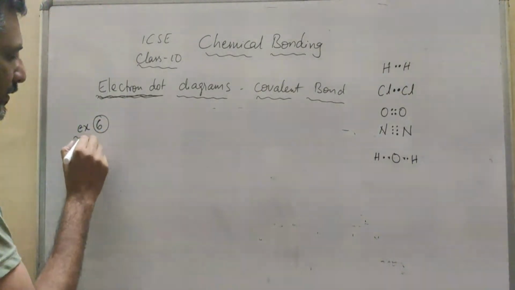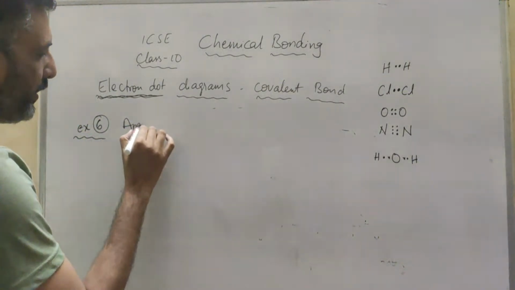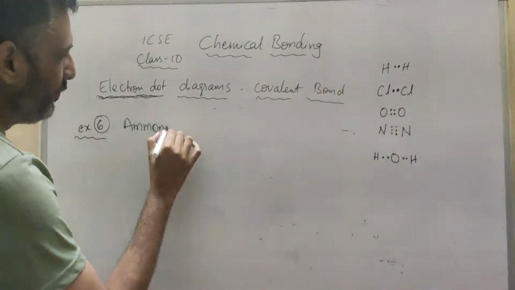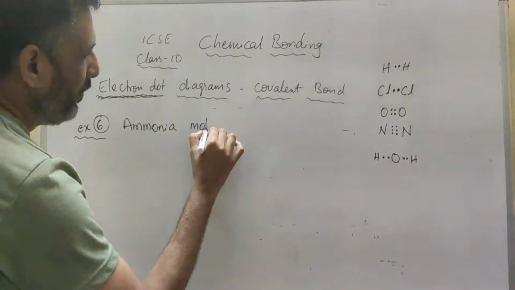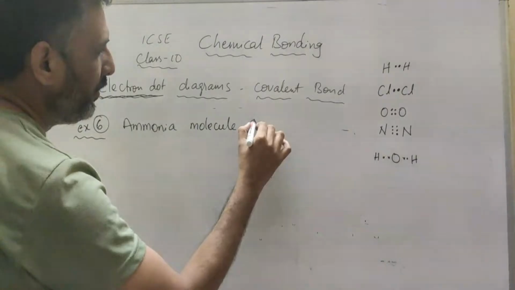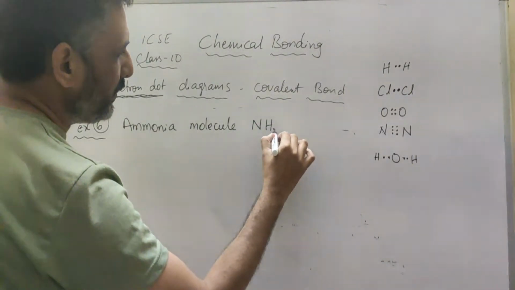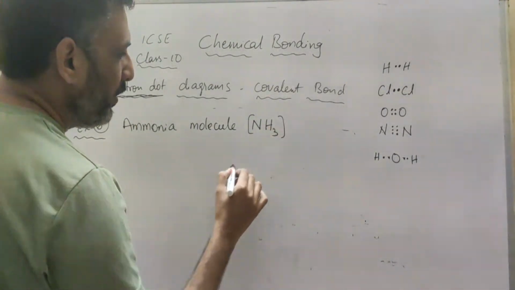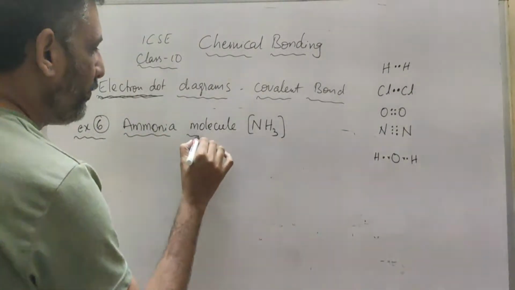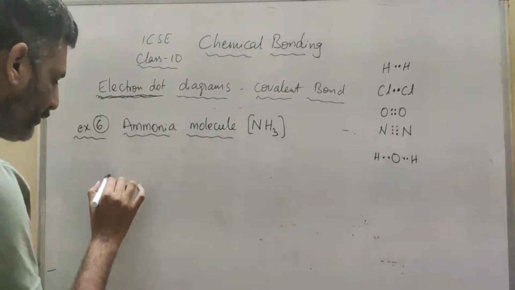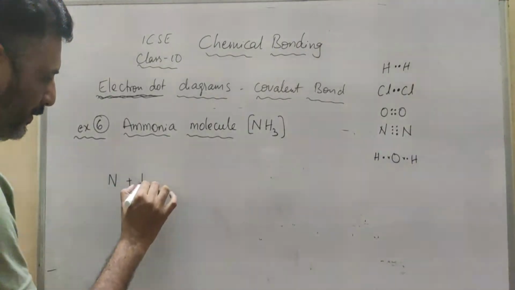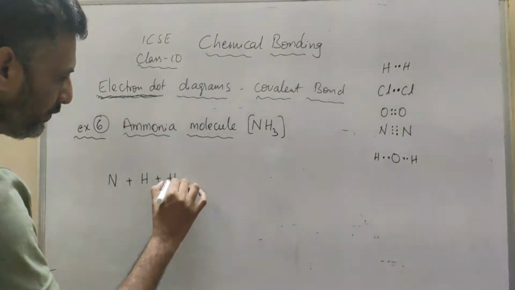Example 6, that is ammonia molecule. Ammonia molecule, we know the formula, that is NH3. So for NH3, you are going to take one nitrogen and three hydrogens.